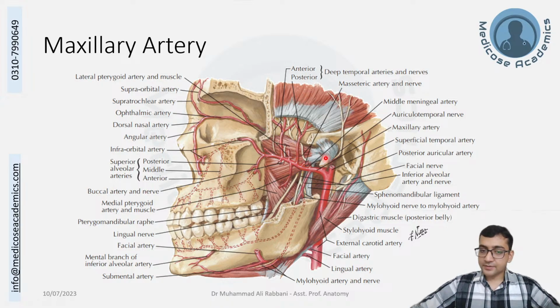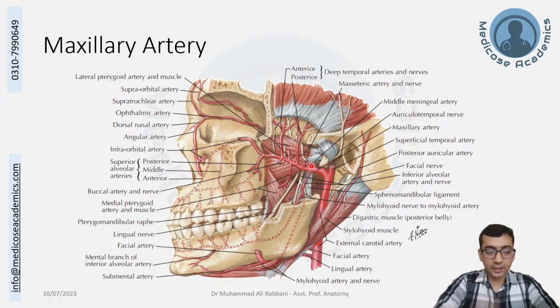The maxillary artery is divided into three parts. Part one is from the origin to before the lateral pterygoid muscle. Part two is going across the lateral pterygoid muscle. The artery may be running lateral to this muscle or medial to it, and different atlases have drawn it differently.